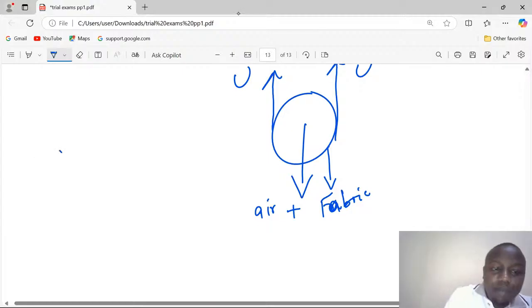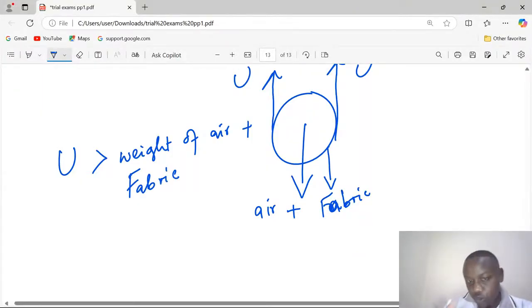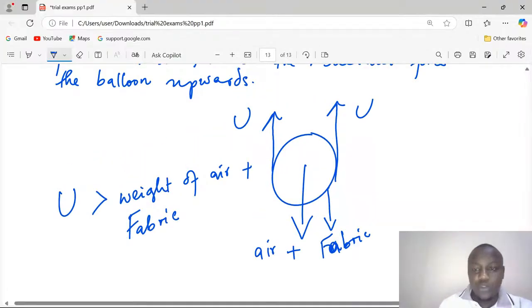So we are saying upthrust is the one which is greater than both the weight of air plus the weight of the balloon fabric. When you add those two weights, they cannot outweigh the upthrust. And so, according to what we call the resultant vector in physics, we will say that the motion at the end of the day will be upward.